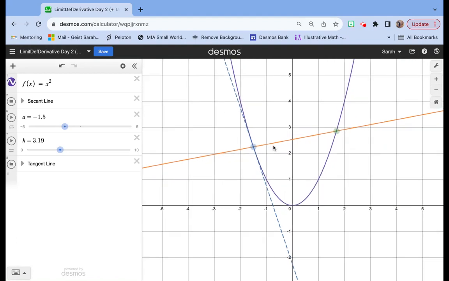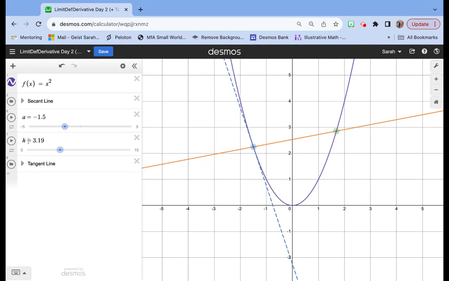What we were looking at this for was because we were using the secant line to try and approximate a tangent line. So over here, we talked about how h is representing the distance between the 2 points. And by distance, we mean the difference in the x values, or the horizontal distance between them.